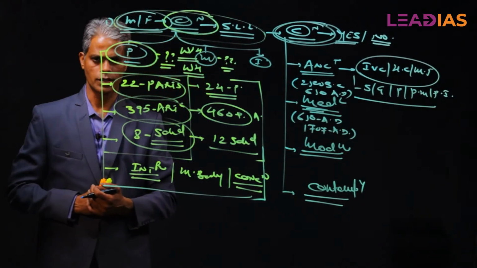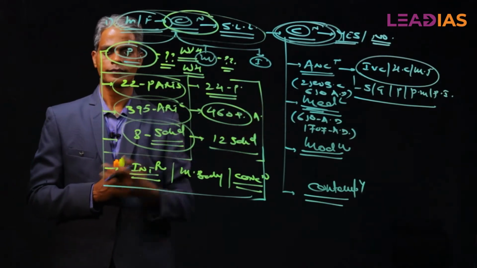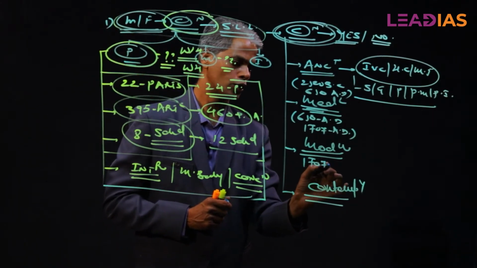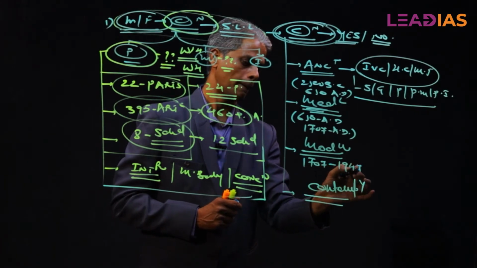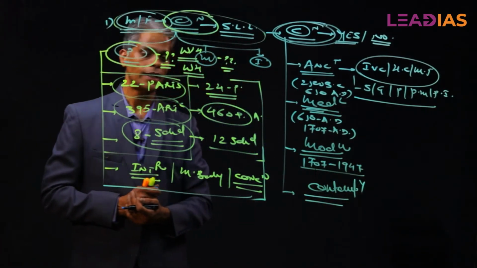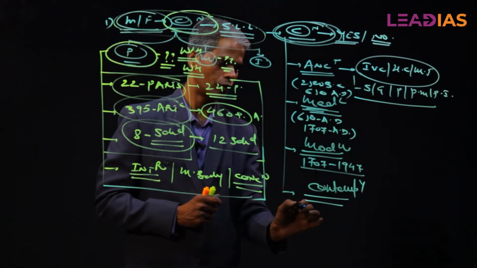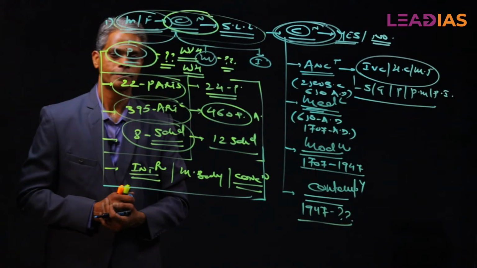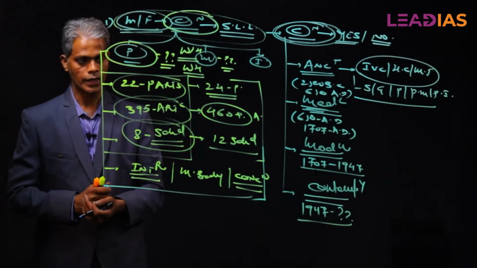The death of Aurangzeb is considered the beginning of modern India. Modern India goes from 1707 to 1947, right? That is the end of British rule in India, and contemporary is from 1947 till date. So that's how we can classify the history.